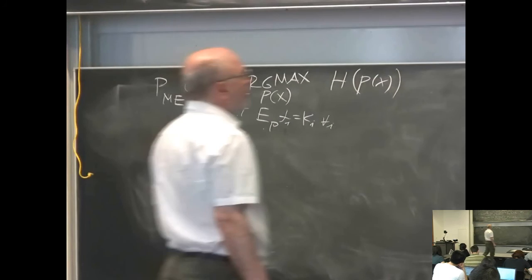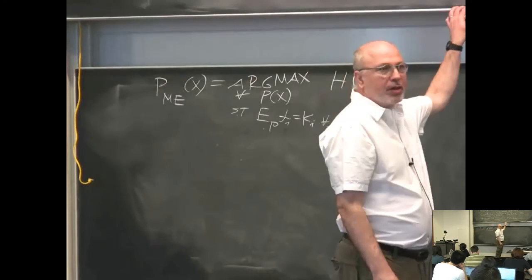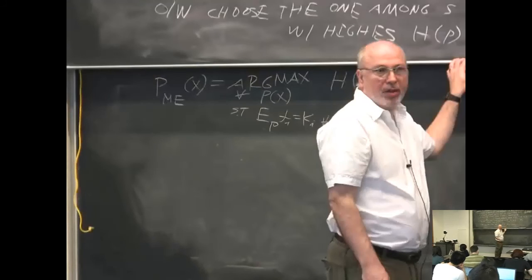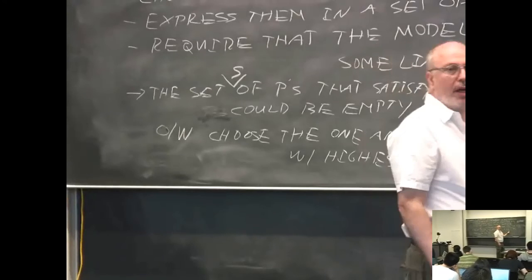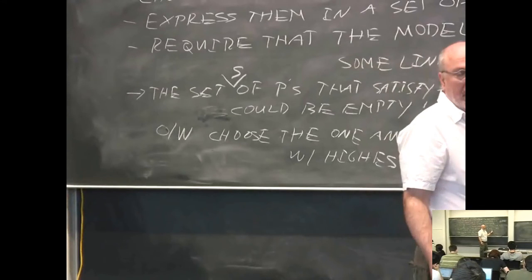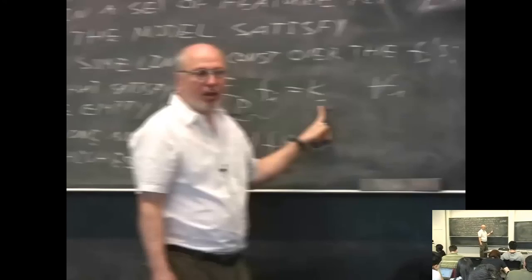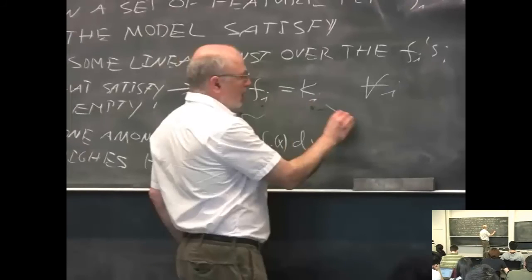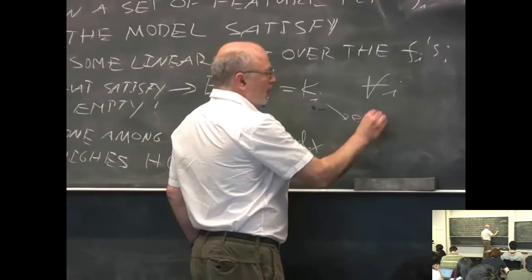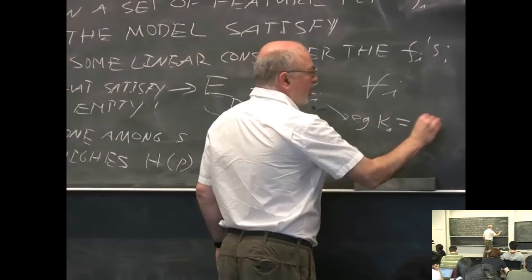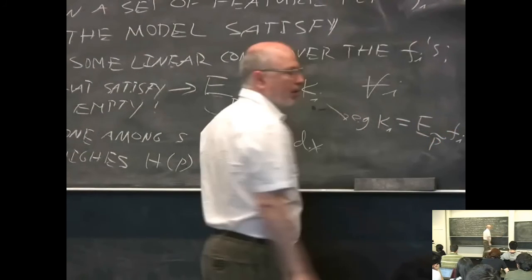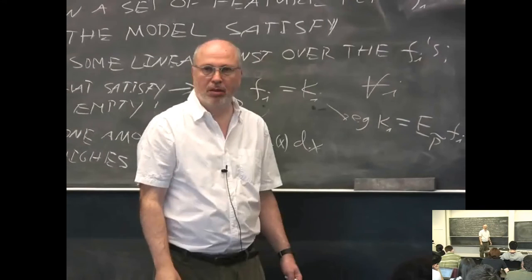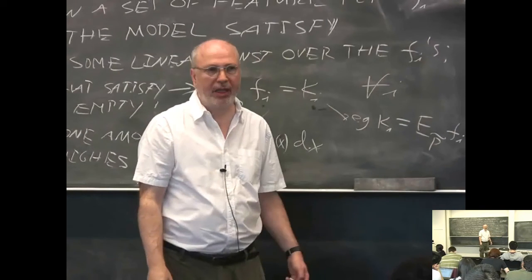There's one situation where we know the constraints are not inconsistent. We know they are consistent. And that is when the Ki, I mean, there may be other situations, but one important situation is when the Ki is equal to the empirical distribution of the fi. The empirical distribution in some training data.